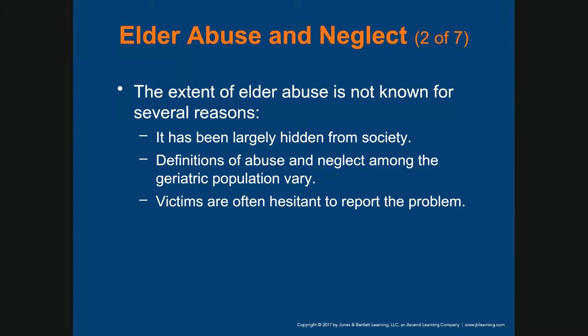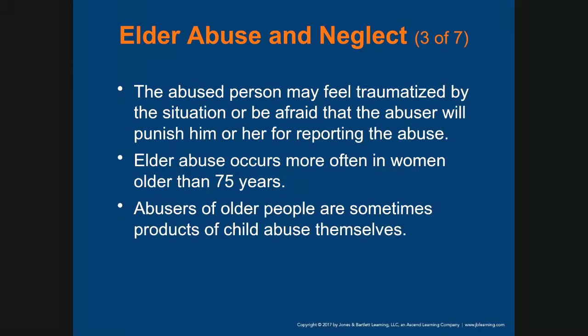Definitions of abuse and neglect among the geriatric population vary. Victims are often hesitant to report the problem. The abused persons may feel traumatized by the situation or be afraid that the abuser will punish them for reporting the abuse. Elder abuse occurs more often in women older than 75 years. Abusers of older people are sometimes products of child abuse themselves.